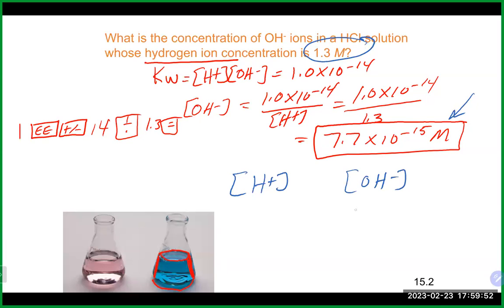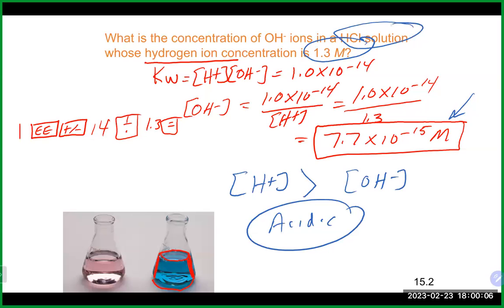Which one's larger? It is the H plus, right? 1.3 would be larger. So since the H plus concentration is larger, that means that we would expect this obviously to be acidic, which is good because this is a hydrochloric acid solution. And that would probably be bad if it was basic. So that makes sense. Question on that there.